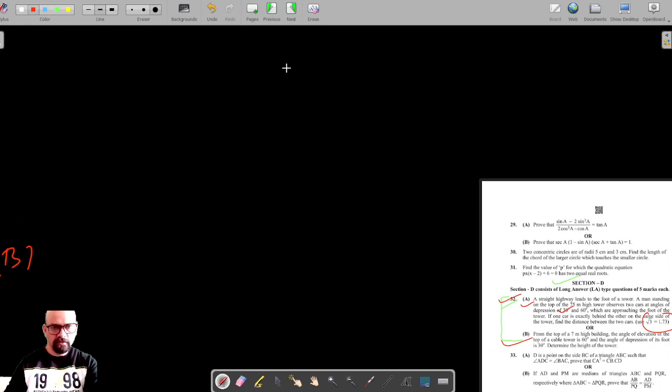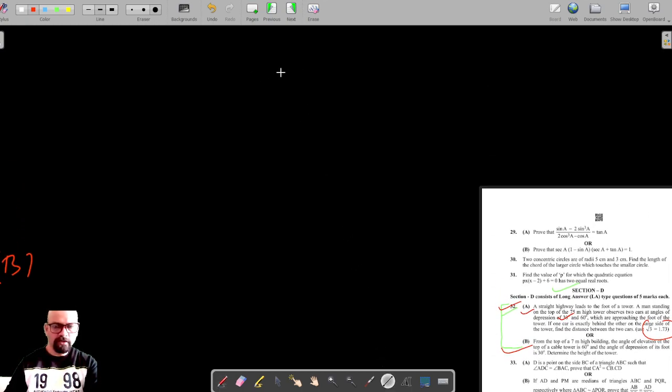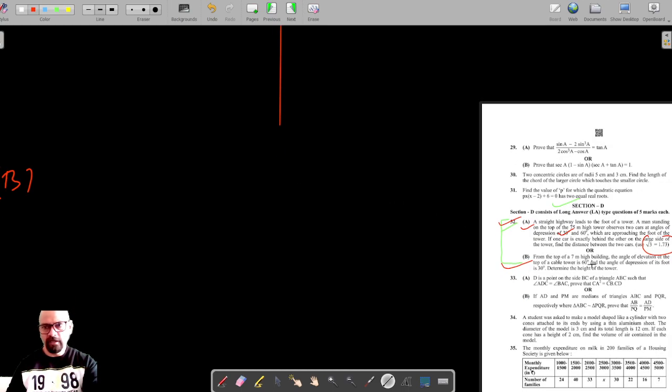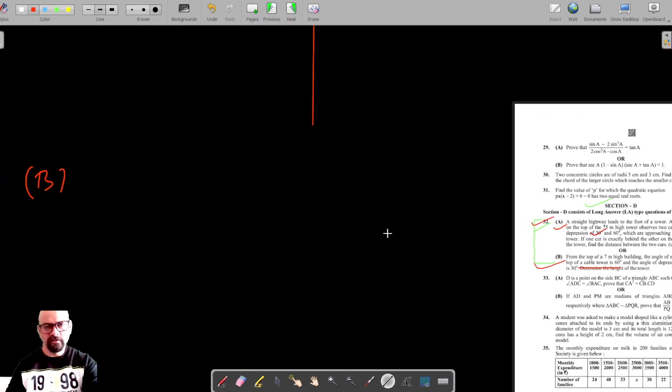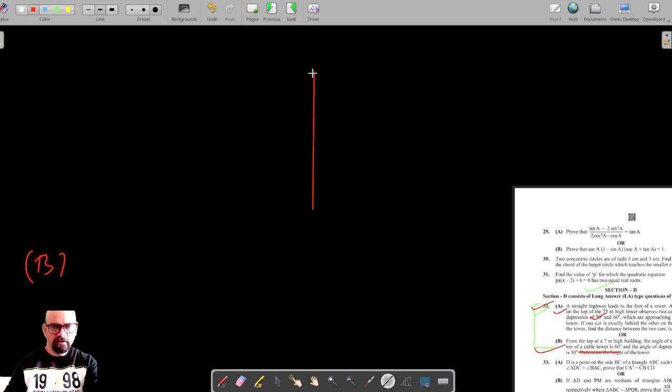So let's say this is the 7-meter high building, and from its top, the angle of elevation of the top of a cable tower is 60 degrees. So angle of elevation is 60 degrees. So this is the angle of elevation to the top of the tower, and let's say this is our tower, and this is the ground.